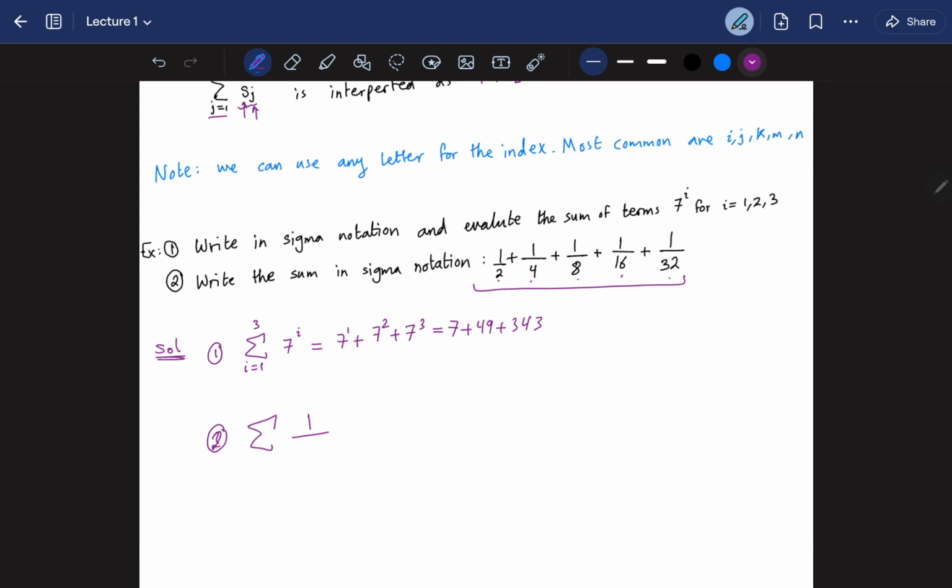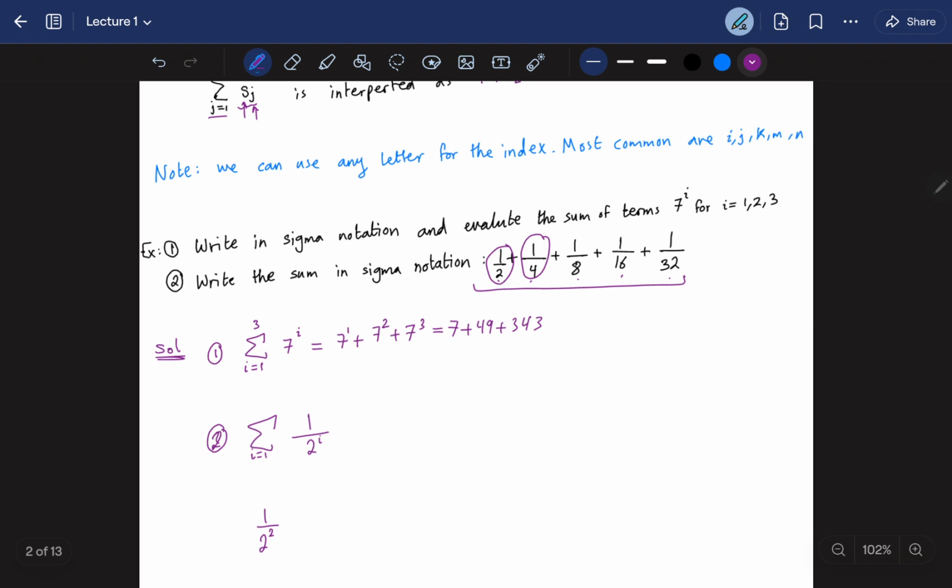If you think about it, these are just powers of 2, which means if I start with i equals 1, 1 over 2 to the i, once you plug in the value 1 here, you're going to get the first term, which is 1/2. Now let's try i equals 2. Once you plug in i equals 2 here, you're going to get 1 over 2 to the 2, which is 1 over 4, which is my second term here.